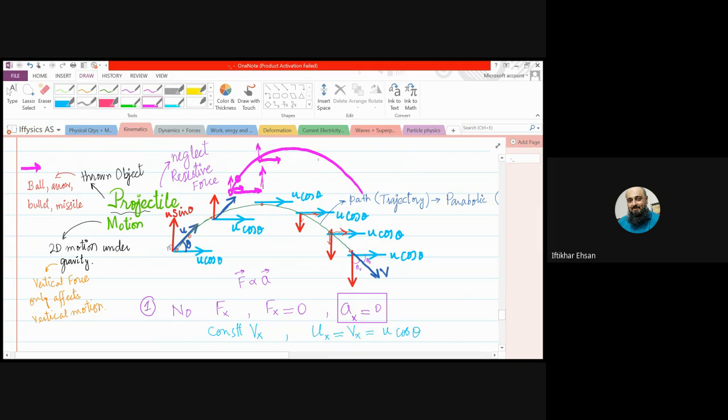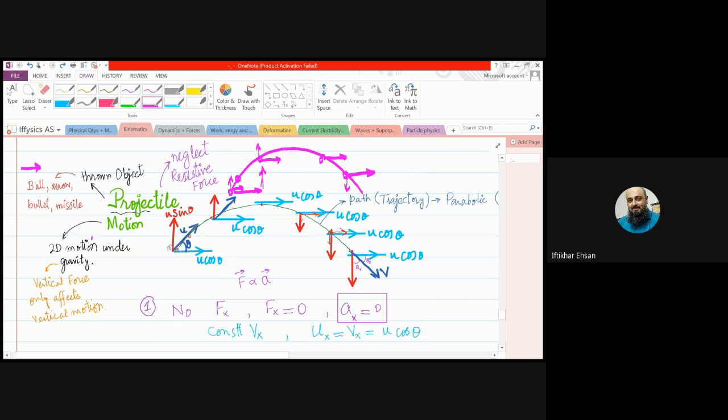And when it moves to this position, as it is going downward, it is also moving towards the right and moving downward. It means the object is moving in two dimensions at a time, horizontal and vertical.